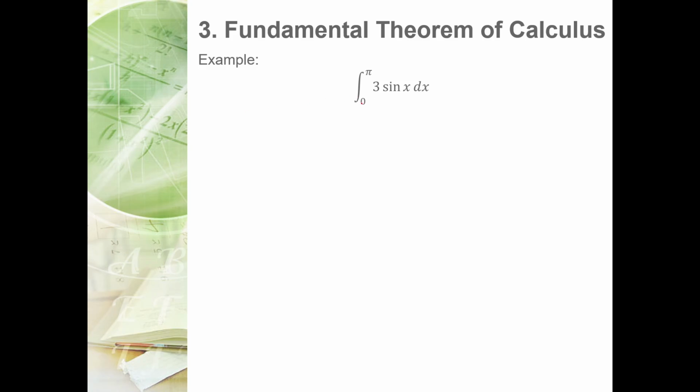Okay, so in number 3, so this one is super simple. So again, we can take the constant outside as per property. So the integral of sine x with respect to x, from 0 to pi.